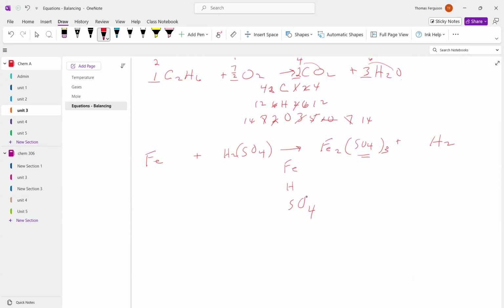Okay, so how many SO4s do I have on the left? 1. How many on the right? 3. H's, I have 2 over here. Irons, I have 2 and 1. Okay, so where do you want to start? Fe.